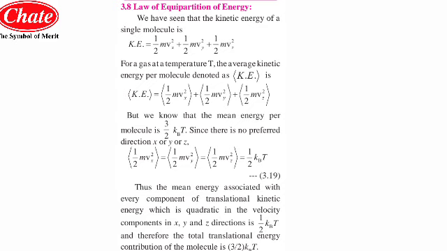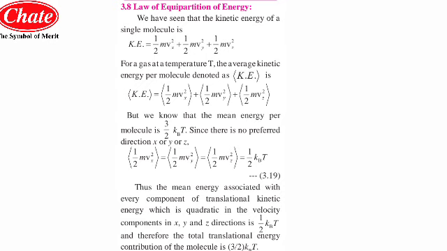Now students, for the gas at temperature T, the average kinetic energy per molecule, denoted as KE, that is the mean KE, may be given as: mean KE is equal to the mean of half m Vx square plus the mean of half m Vy square plus the mean of half m Vz square. So this is how we will calculate the mean KE, that is the average kinetic energy.